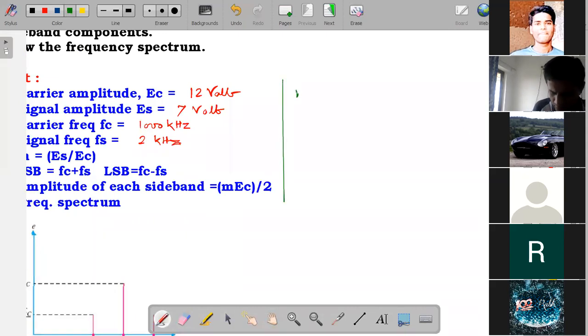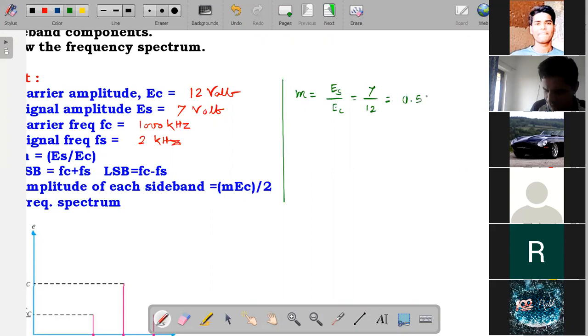Small m is equal to Es by Ec, and small m is your 7 by 12. Yes, what is the 7 by 12? Hello, student. 0.58.